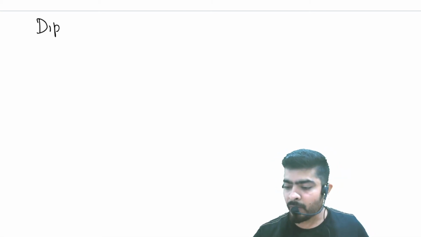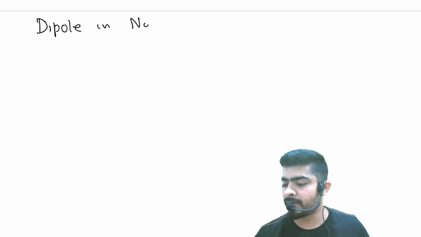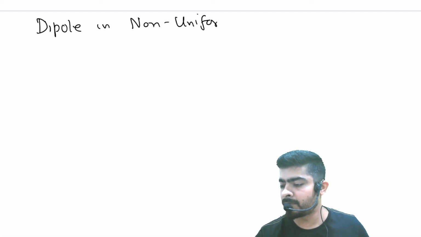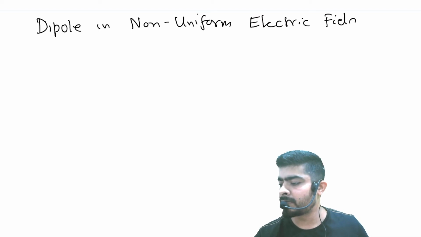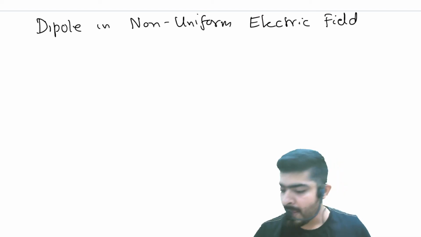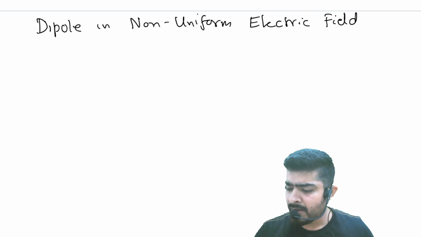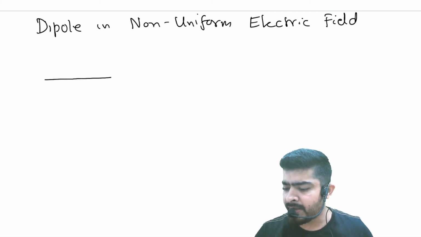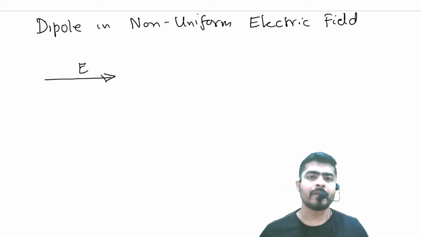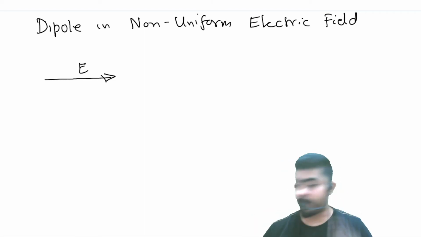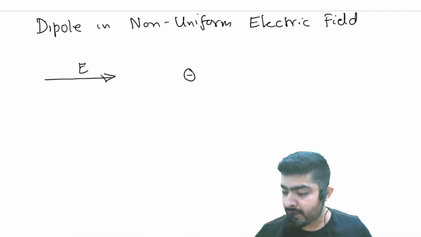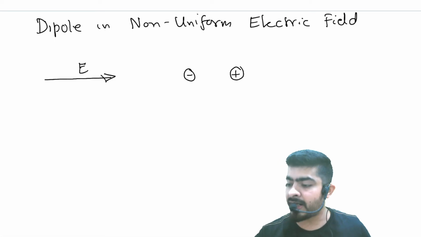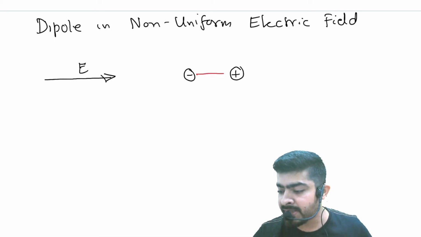So dipole in non-uniform electric field, what will happen? Let's say your electric field is like this, E. Now dipole is very small, remember that. So if this is my negative charge, this is my positive charge, then the distance between the two charges is very small.